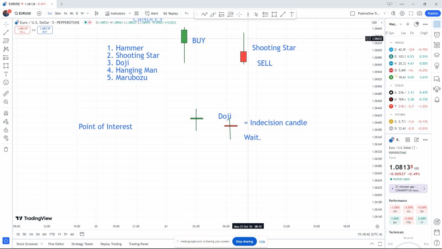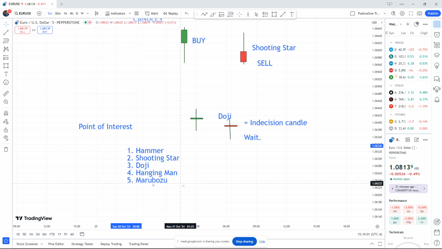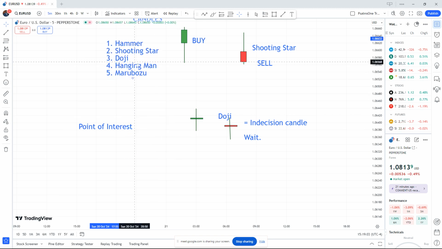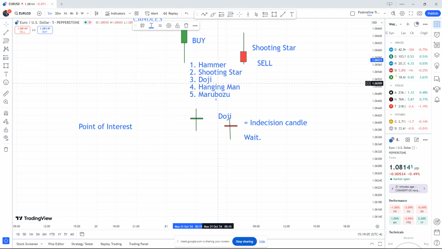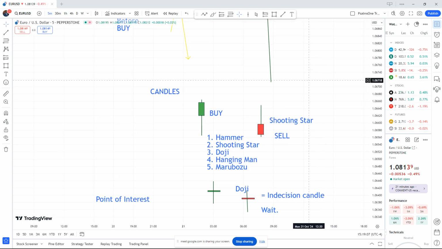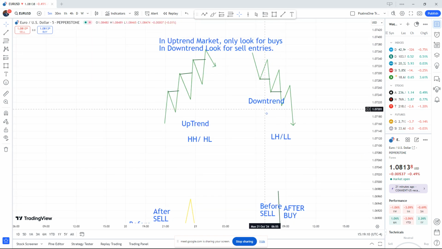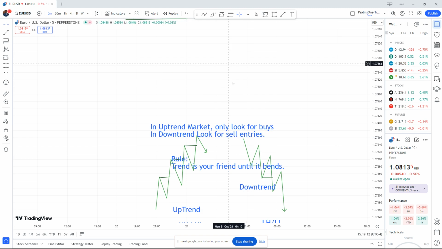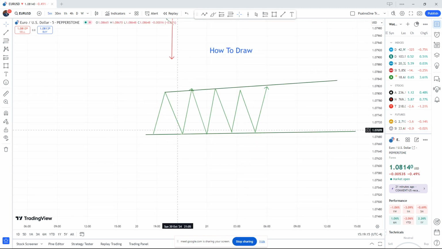When it closed, the open and the close were almost the same. There's almost no difference between the opening price and the closing price. That's indecision, because we don't know: when they bought, they sold. So they pushed price in between, in a tight range.